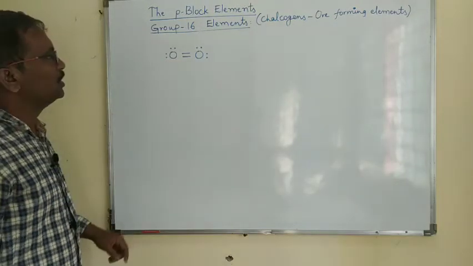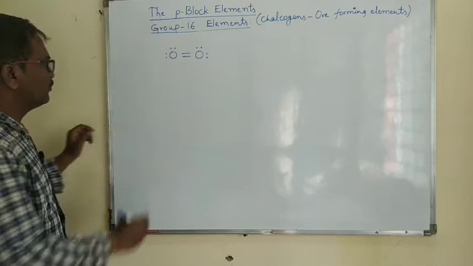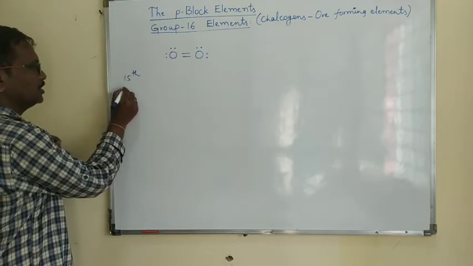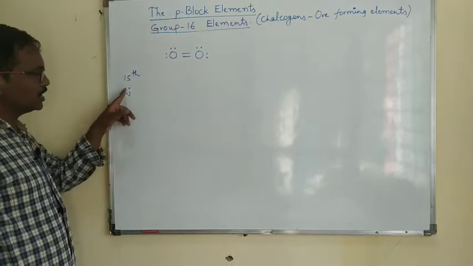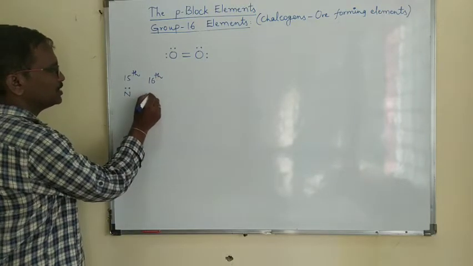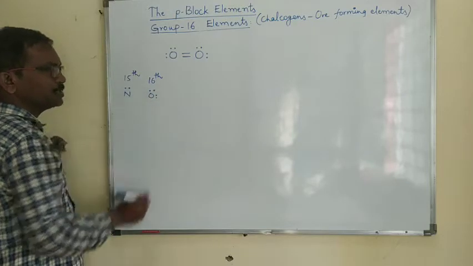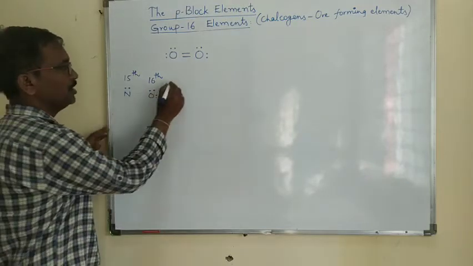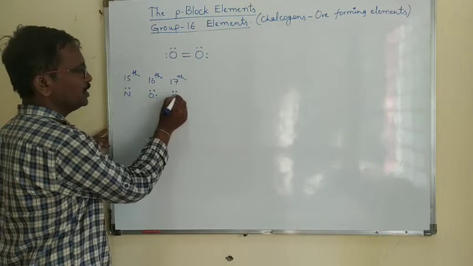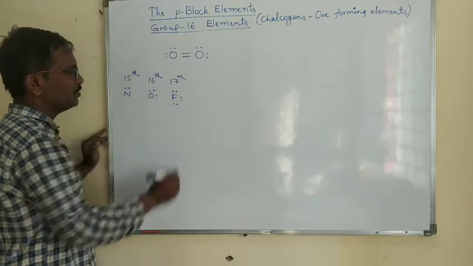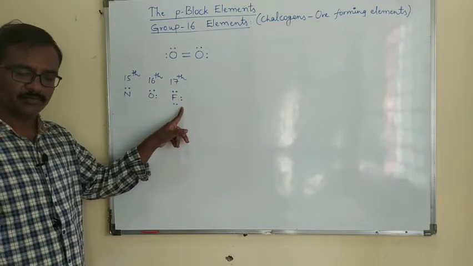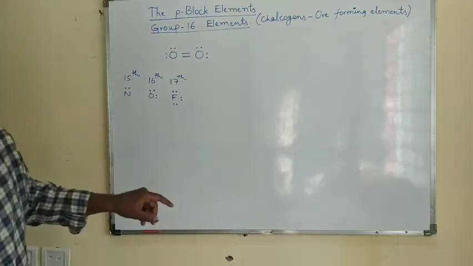Nitrogen, 15th group, contains 1 lone pair. 16th group, oxygen, contains 2 lone pairs in general, right? 17th group, fluorine, contains how many lone pairs? 3 lone pairs. 1 lone pair, 2 lone pairs, 3 lone pairs, right?